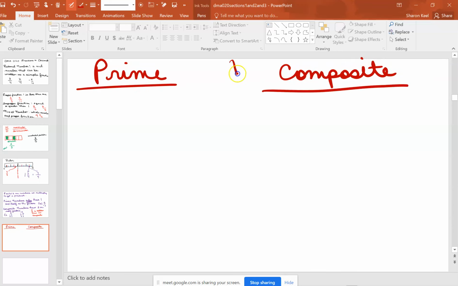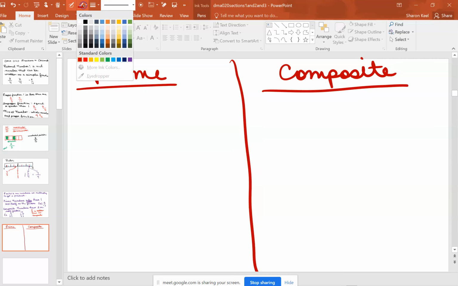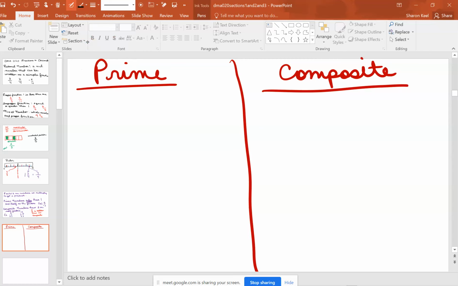When I make this list, if you're ever doing the prime factorization of something and you need to know what the prime numbers are, you can go through this exercise on your own and determine what's prime and composite. 1 is neither prime nor composite. So if I start with the number 2, the only factors of 2 are 1 times 2.